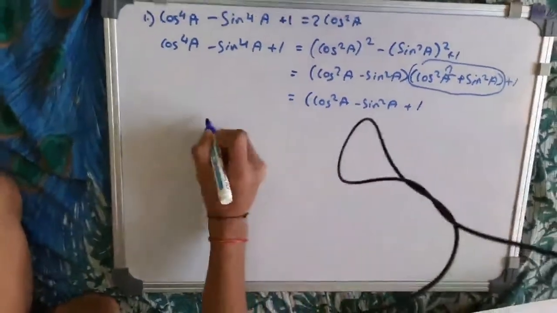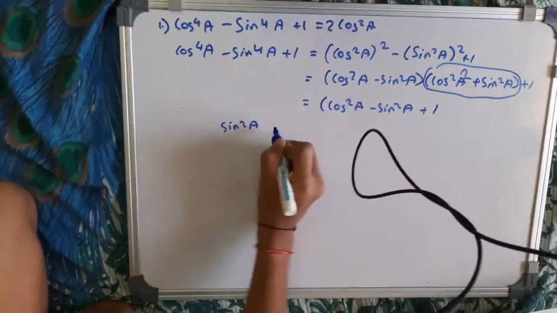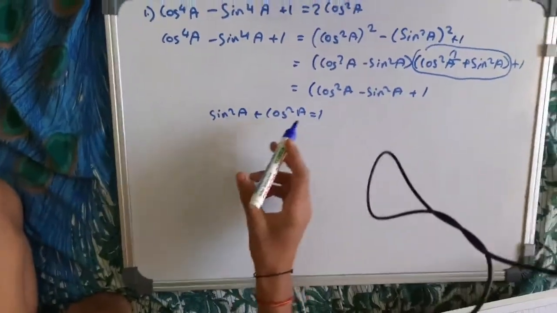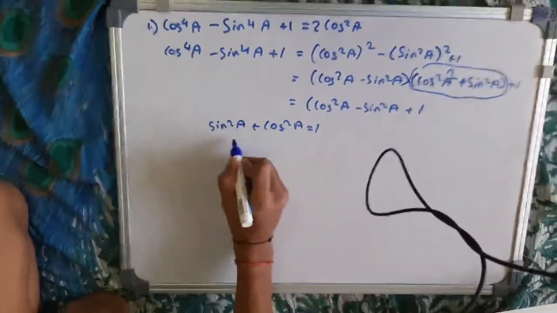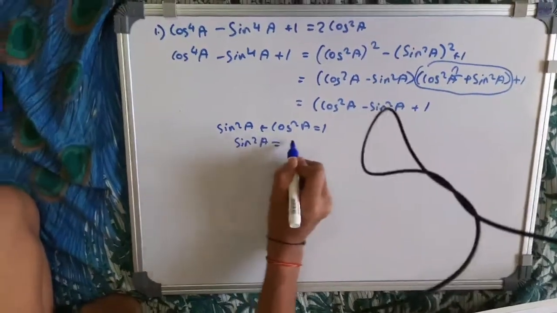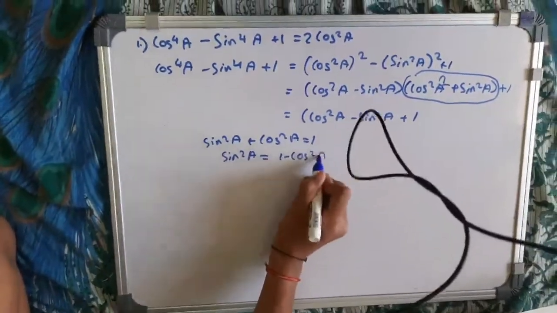Now we know that sin square a plus cos square a equals 1. From here we can take sin square a as 1 minus cos square a.